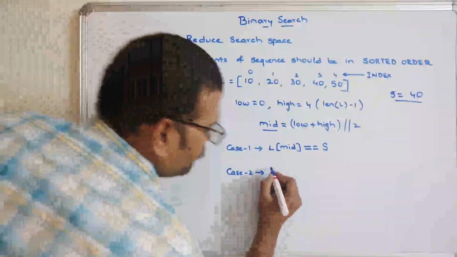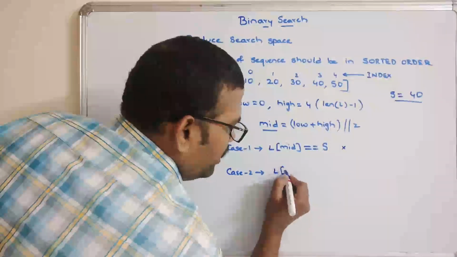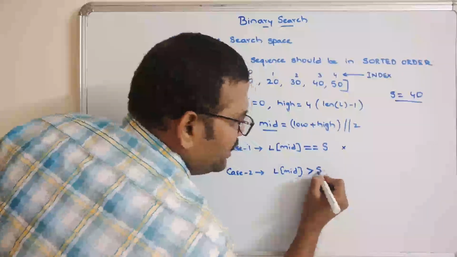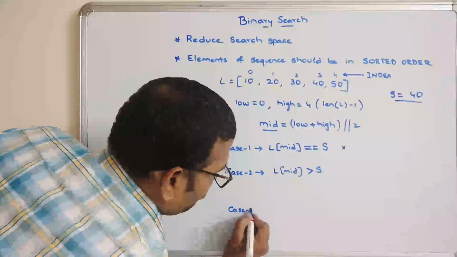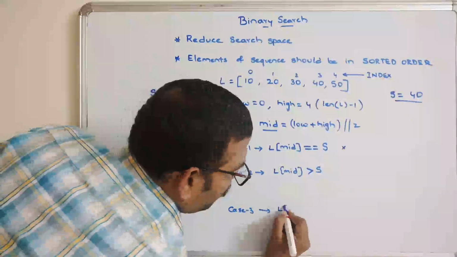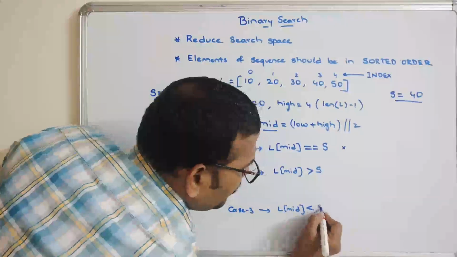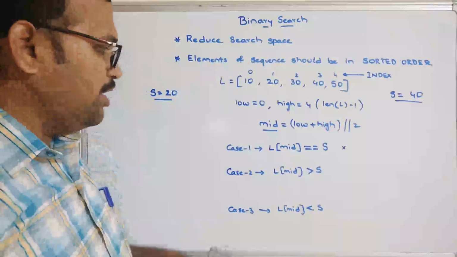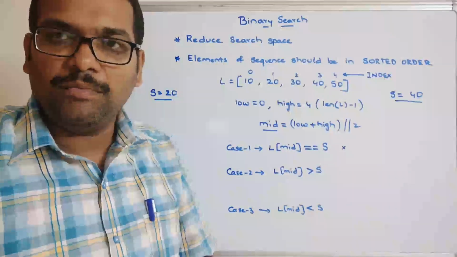For example, if this fails, then L of mid is greater than S. That's case 2. And case 3, L of mid is less than S. So three conditions. If it is equal, automatically we can stop the procedure.